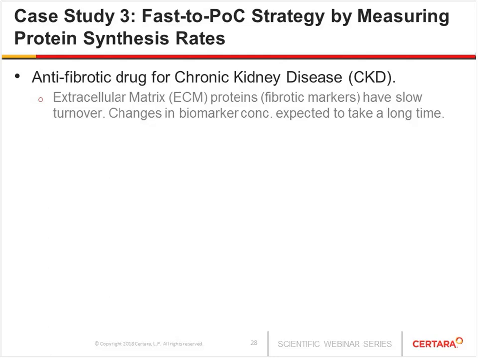So here we were looking at the effects on fibrogenesis from an antifibrotic drug for chronic kidney disease. The particular biomarkers of interest were extracellular matrix proteins, which we knew took a long time to change, so they had a very slow turnover rate. So changes in biomarkers were expected to take a very long time, even up to 6 months, to see any changes. Obviously, in the context of a phase 1 study, we did not have the luxury of such long times.